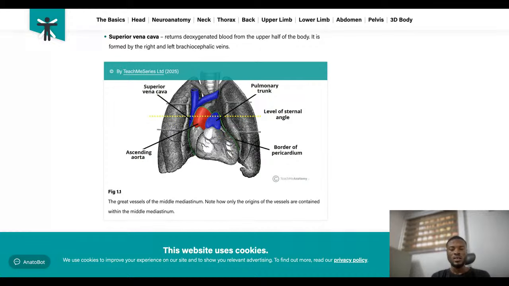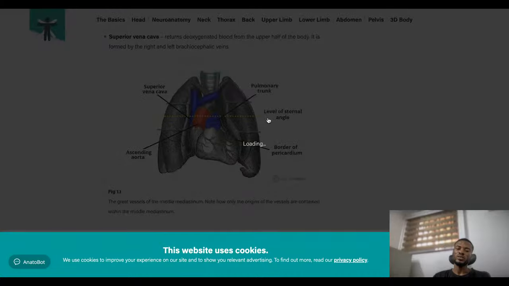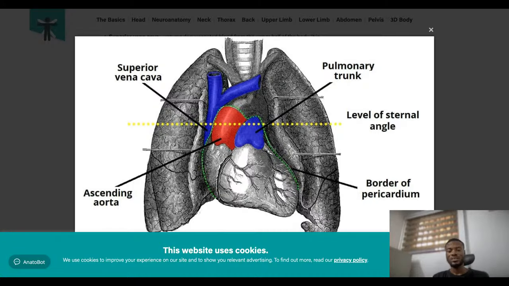So in our chest X-ray or in radiography or in imaging, when we are looking at chest X-rays, the most important structures that we are looking at, we are trying to detect if there is any pathology, are the lungs, the right and left lungs, then the heart, then the great vessels.